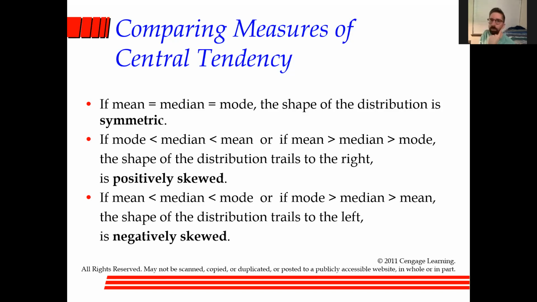This is a case where you may have unusually large values in your data set. And what happens is that the mean is being affected by these large values. Let me give you a silly example.